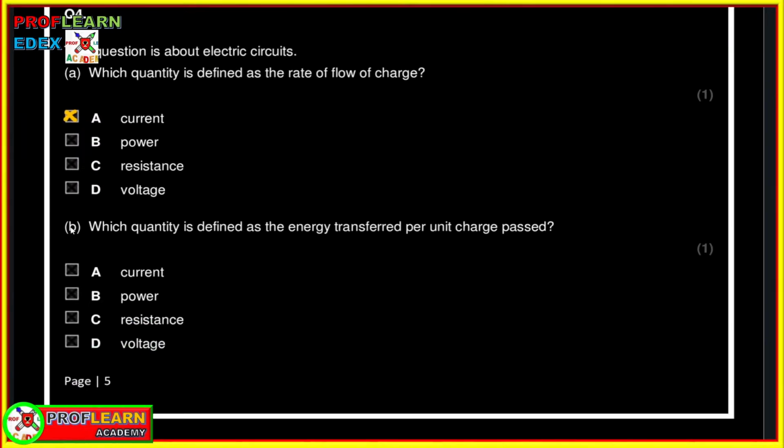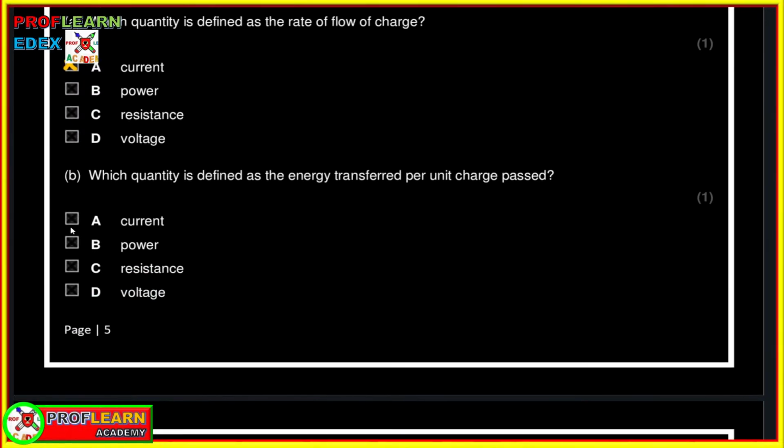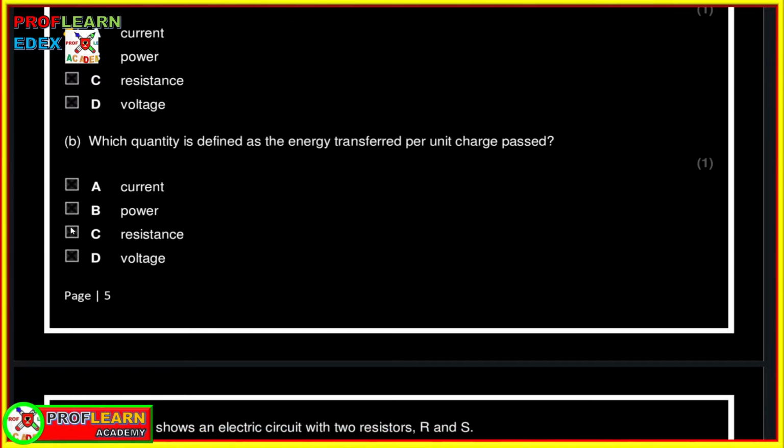Which quantity is defined as the energy transferred per unit charge passed? And that is D, which is voltage.